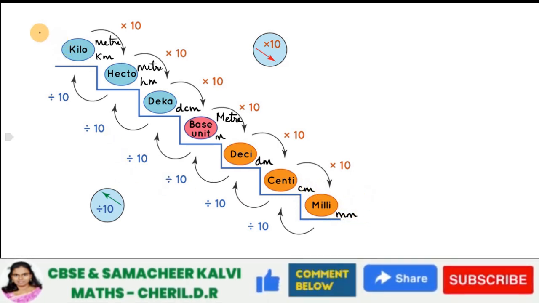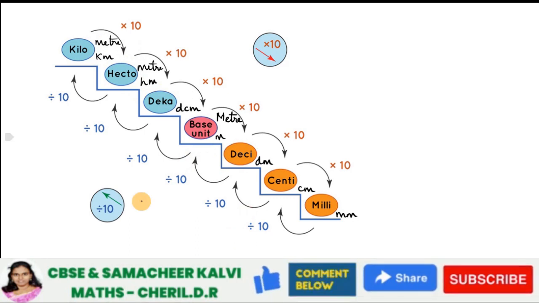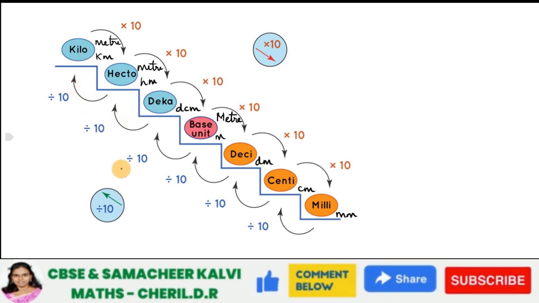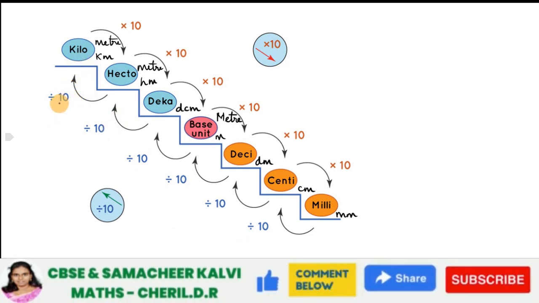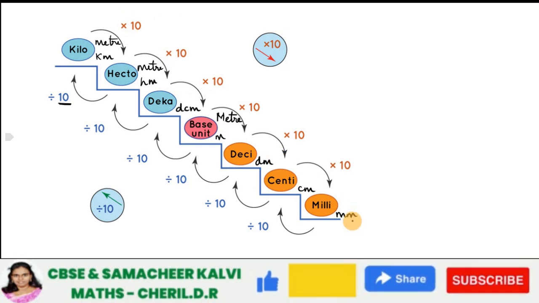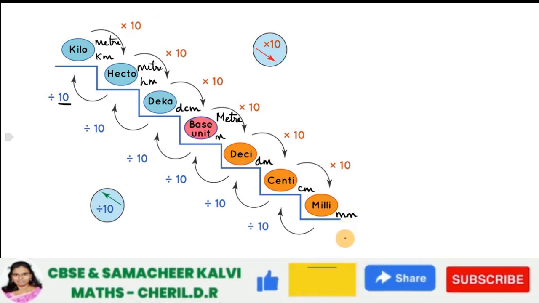If you look very carefully at this ladder, you can see that for each step the difference is only going to be 10. When you go up the ladder, you will have to divide by 10. When you go down the ladder, you are going to multiply by 10.